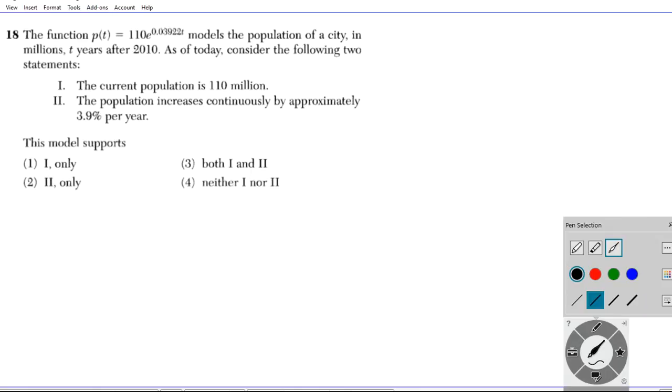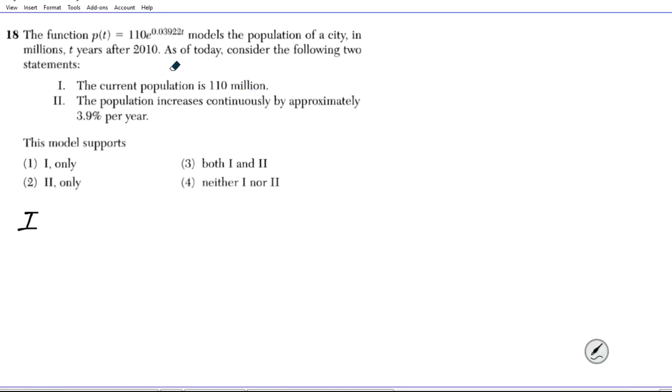Let's take a look at the first statement, which is that the current population is 110 million. If you take a look at this model right here, can you determine what the initial population is? The initial population is when t is equal to 0.